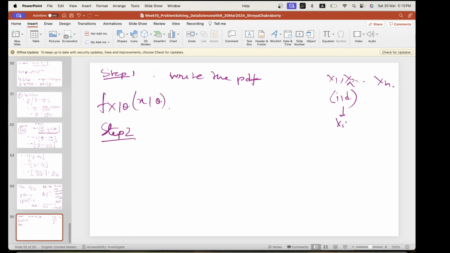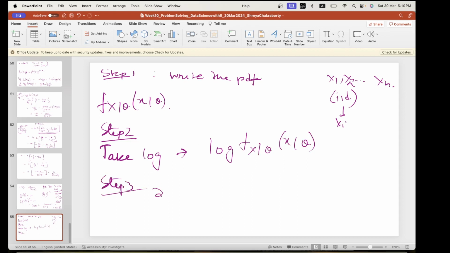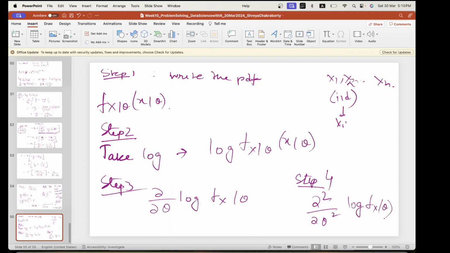Then step 2 would be take log. Okay, so log of f of x given theta. Then step 3 is del theta of log f of x given theta. Okay, and then step 4 is do a double differentiation of log f of x given theta.